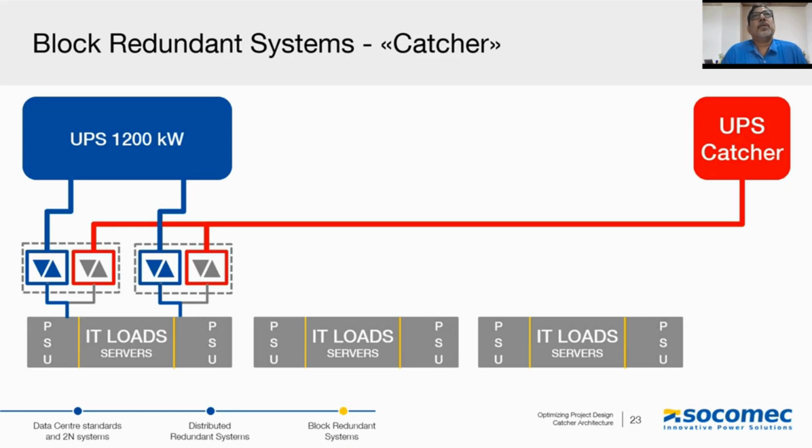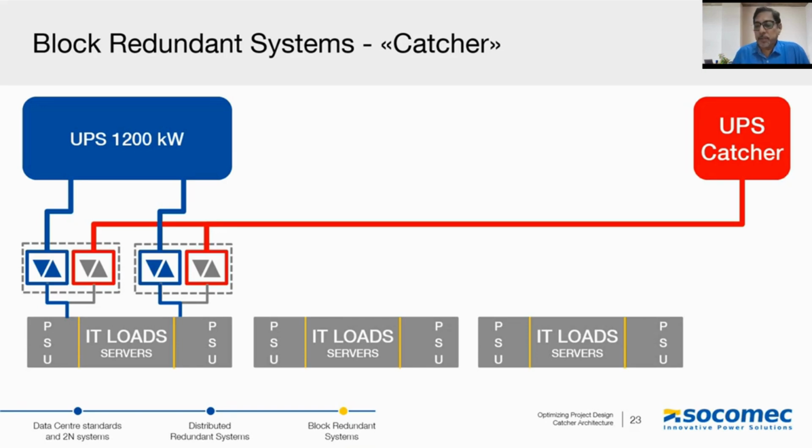In the earlier two configurations, we saw that we had redundant UPS systems followed by the distribution system. It may consist of PDUs or breaker distribution panels. Whereas here in this architecture, you have another piece of equipment, the static transfer switch, popularly called STS, which will facilitate the integration of a catcher UPS.